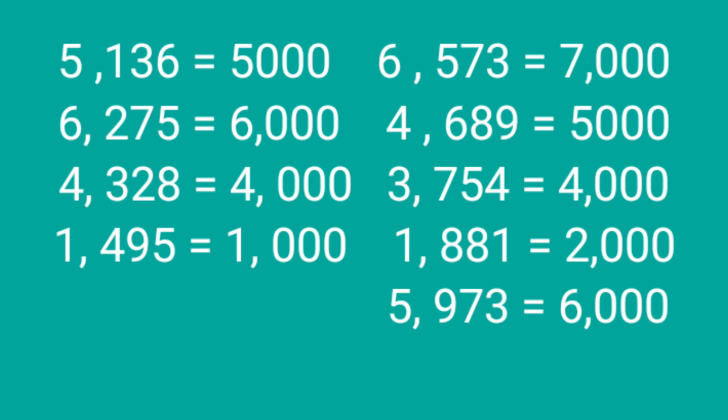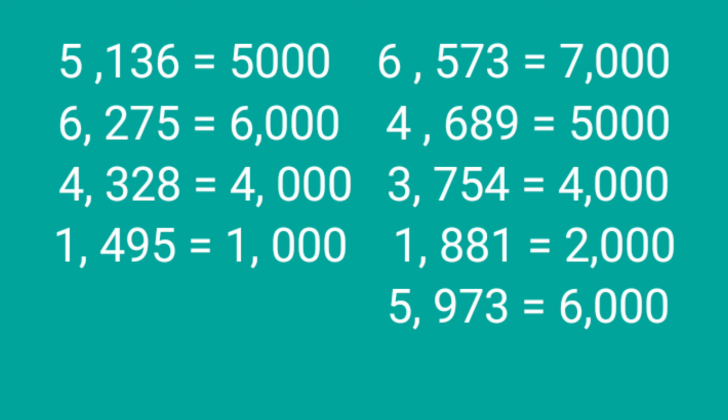So, as I explained to you before, if the number at the right side of the numbers that you are going to round up are 5, 6, 7, 8, 9, you have to add 1 to the next digit. Add 1 to the numbers that you are going to round up.